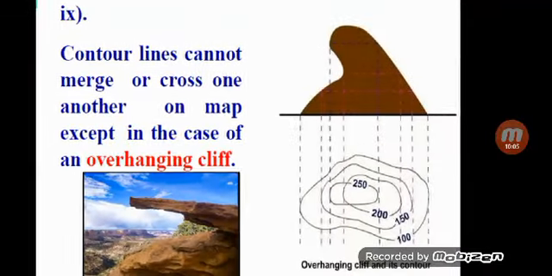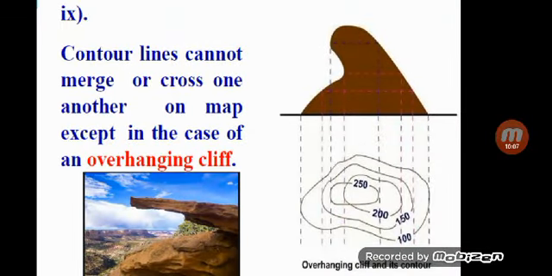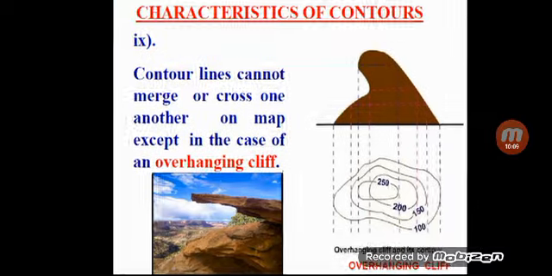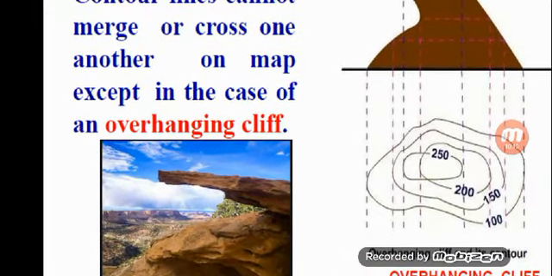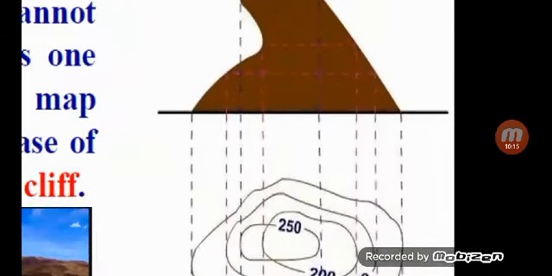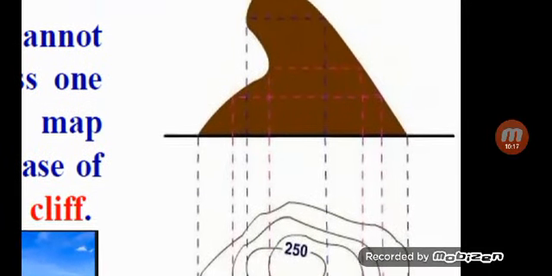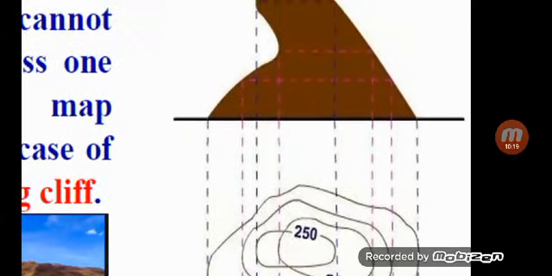So this is a condition of an overhanging cliff. So you can see in the picture how it is, it is an overhanging cliff. So when they cross each other, it represents an overhanging cliff.